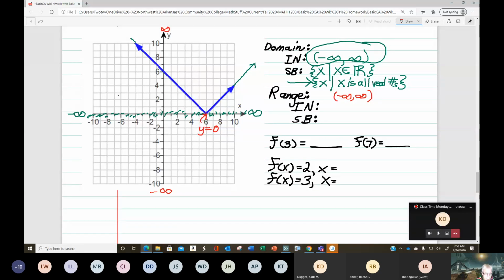So if we come over here, the way I would show the range would be to put a bracket here at y equals 0. And then the y coordinates just keep going up forever. All the way to positive infinity. So I have to erase this because that'll mess us up.